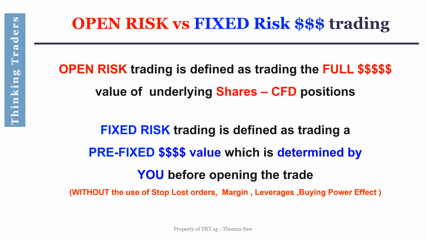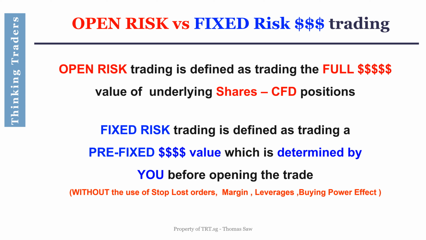When you buy 100 shares of Amazon at $110, that is $11,000. You should not take your buying power or your CFD margin requirements as your risk management.